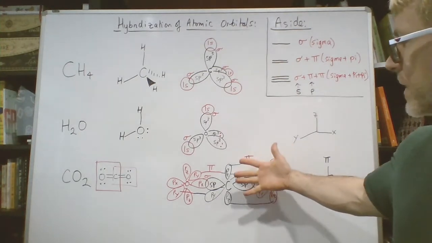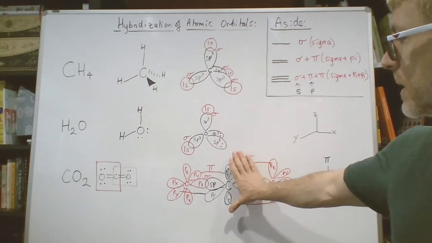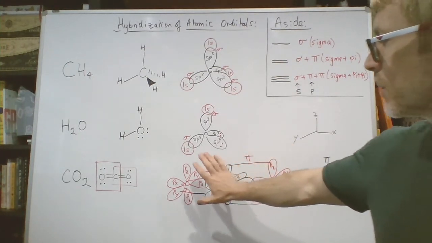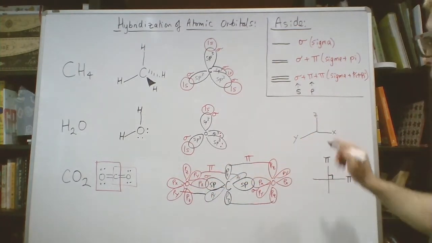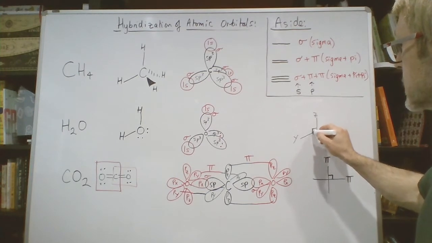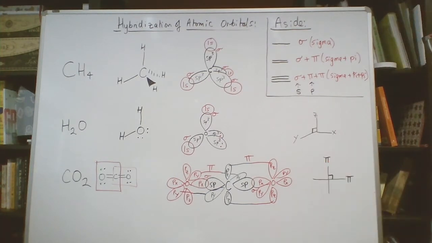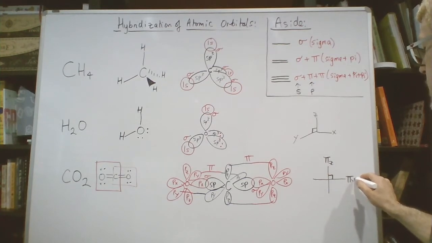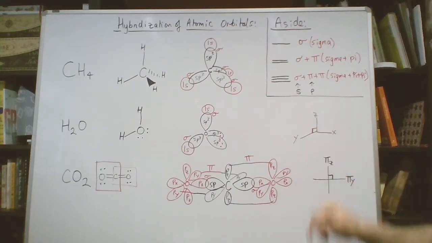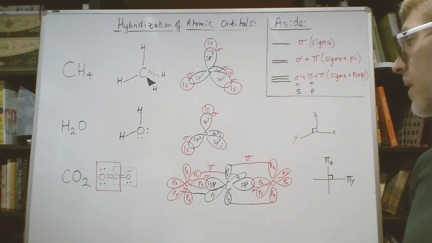For example, this pi bond is in the plane of the board, the pz. But this secondary pi bond, I've drawn it py. Well, the relationship between the z-axis and the y-axis is 90 degrees. So the pi in the z-axis and the pi in the y-axis are 90 degrees apart. So that's an important aspect.